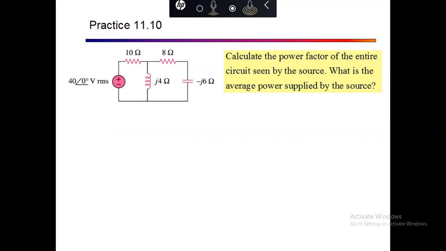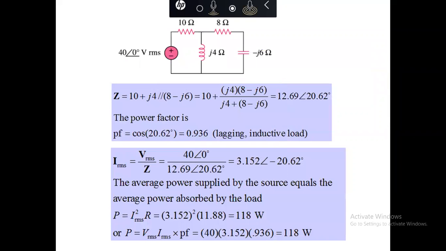So we have to solve the network impedance, which is the load impedance. You can see that this j4 impedance is parallel to this 8 minus j6 ohm impedance.